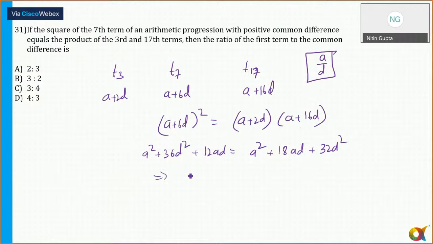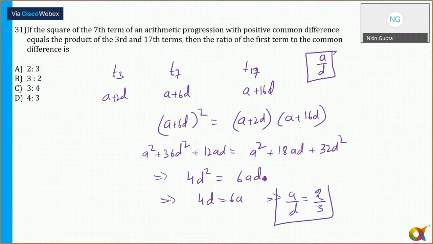I'll get 36 minus 32 D square, which is equal to 4D square, and 18 minus 12 is 6AD. So D will get cancelled. So 4D is equal to 6A. So A by D is equal to 4 by 6, which is 2 by 3, which is option number A. So this was also an easy one. Can I move to the next question? Please respond.